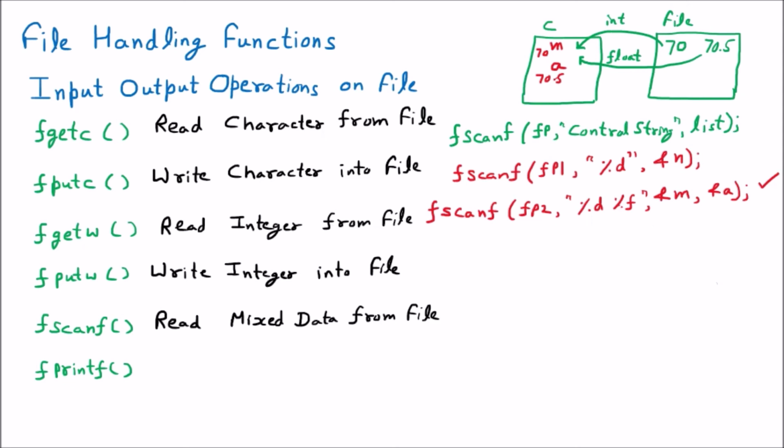So we can say that we are going to write mixed data. Mixed data means if I have to write an integer and float together, or a character and string together, in such a way into the file. So I am taking one example to make you understand. Let us suppose this is our C program and this is our file.